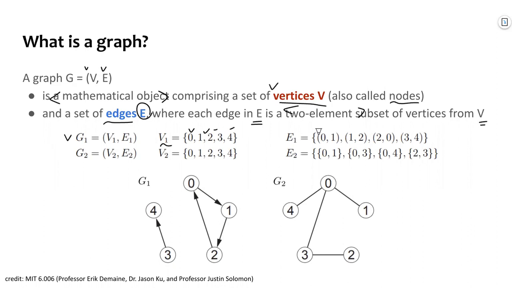So as you can see here, the difference between G1 and G2 is how we represent the edges. In the case of G1, we use parentheses. However, for E2, we use curly braces to represent edges.